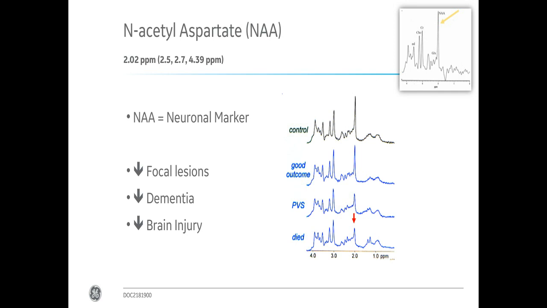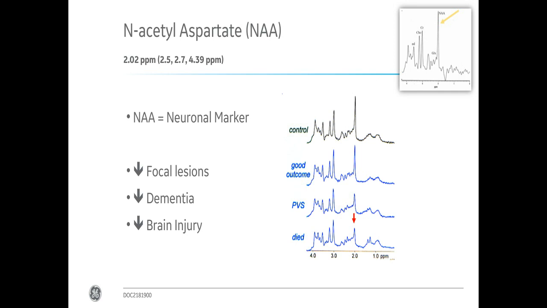So we see here that NAA can also be used as a prognostic marker for the outcome of a brain injury. If there is only a low amount of NAA loss compared to control, there will be a good outcome. The more severe this loss is, the worse the outcome is.